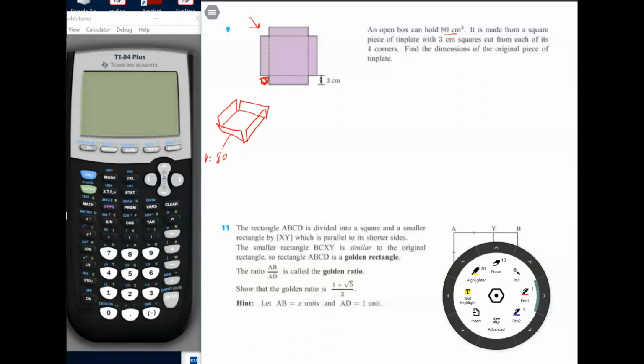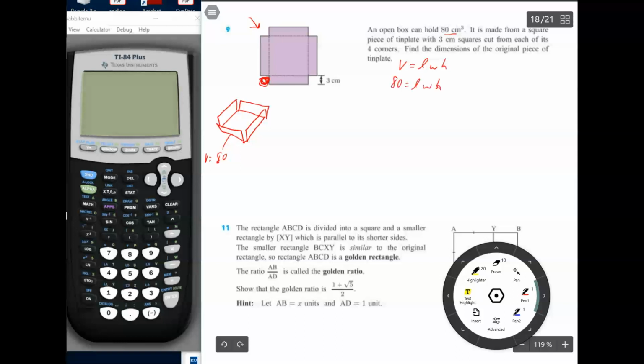They're starting off easy here. I don't think this is even an optimization problem, really. Not yet, anyway. But we'll get there. So, what is the volume equation? The volume equation is length times width times height. So basically we have 80 equals length times width times height.